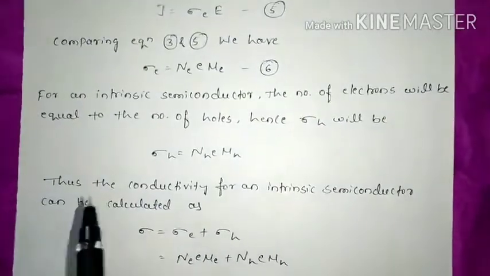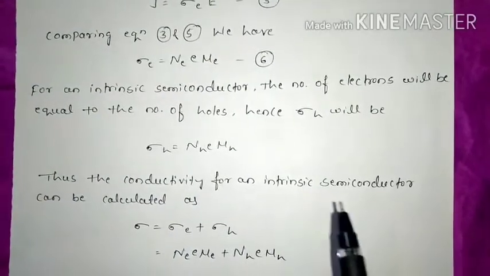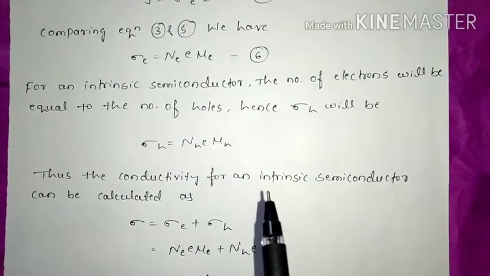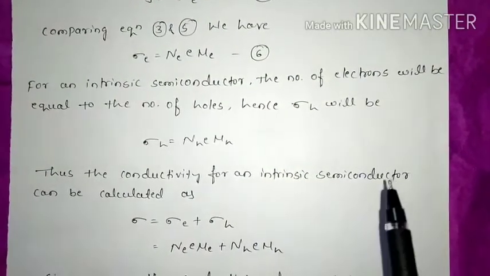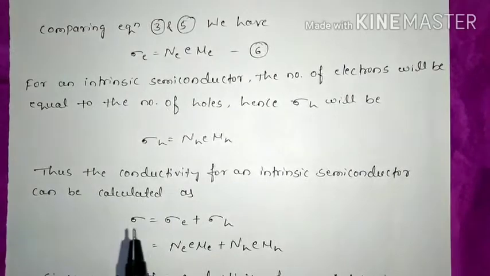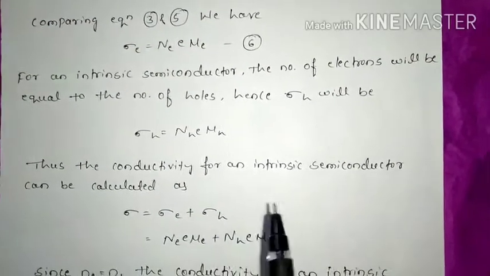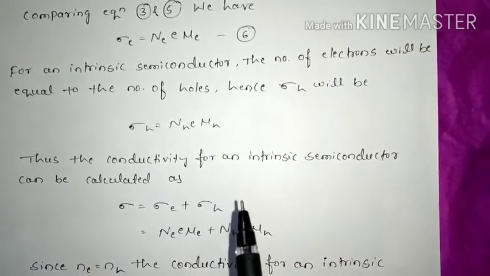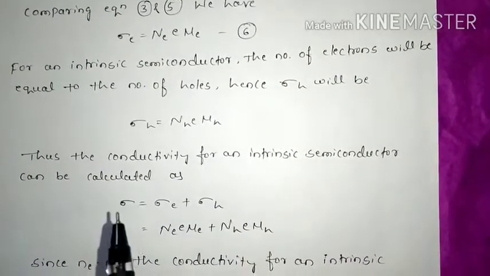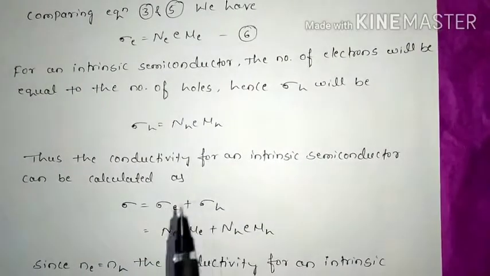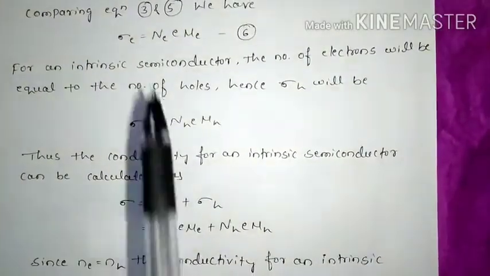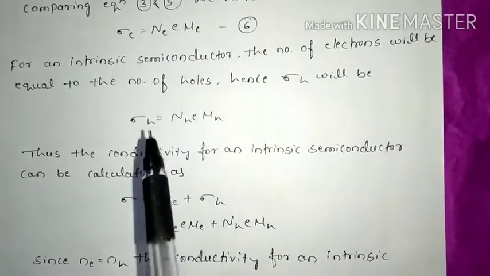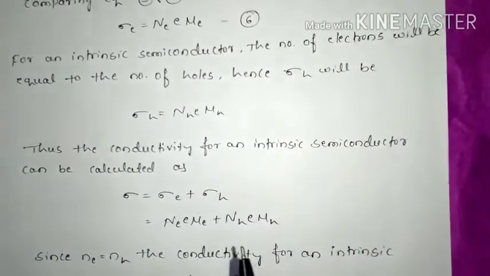Thus the conductivity for an intrinsic semiconductor is sigma equals sigma e plus sigma h, the conductivity due to electrons and the conductivity due to holes. So the total conductivity is the sum of these two.